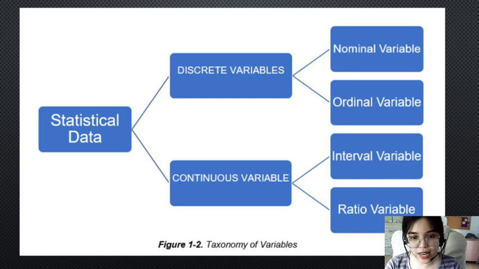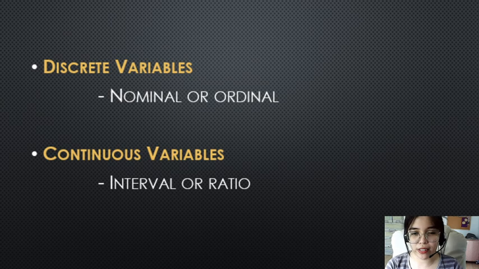So, isa-isahin natin siya at ano ba yung difference nilang apat. Okay, dun muna tayo kay discrete. Ang tatandaan, kapag kay discrete, ang keyword natin ay category. Discrete, category. Therefore, si nominal at ordinal na levels of measurement has something to do with category.